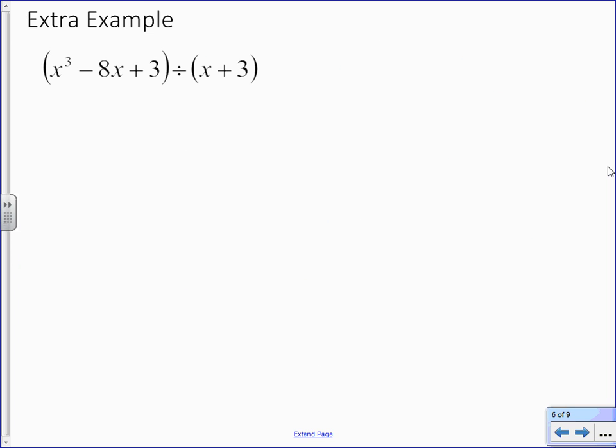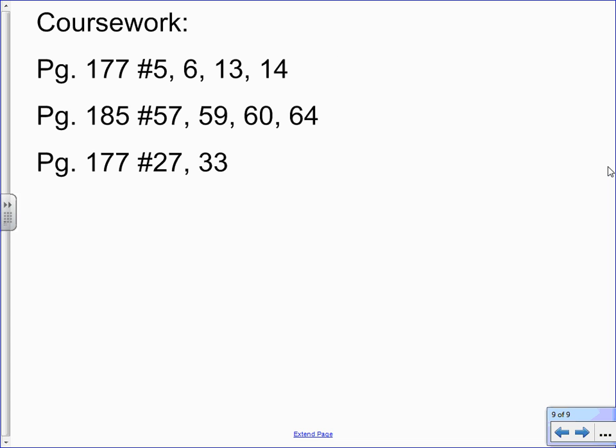Okay, we're running a little long on time, so I'm going to give you time to get the assignment down. There are 10 questions. 2 of them, I think number 5 and number 6 on page 177, are going to ask you to do long division. So I want you to try that out. Remember, all the rules to division are the same as they've always been.